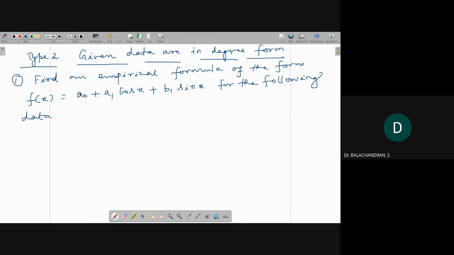So that means they are asking the constant term and the first harmonic, the fundamental harmonic.